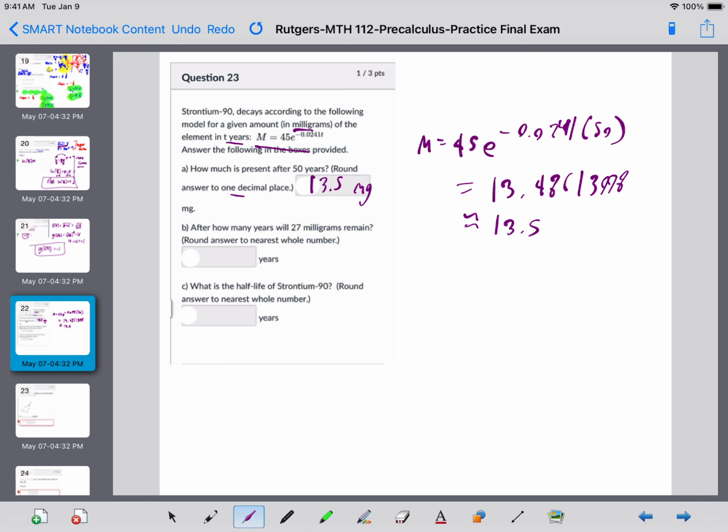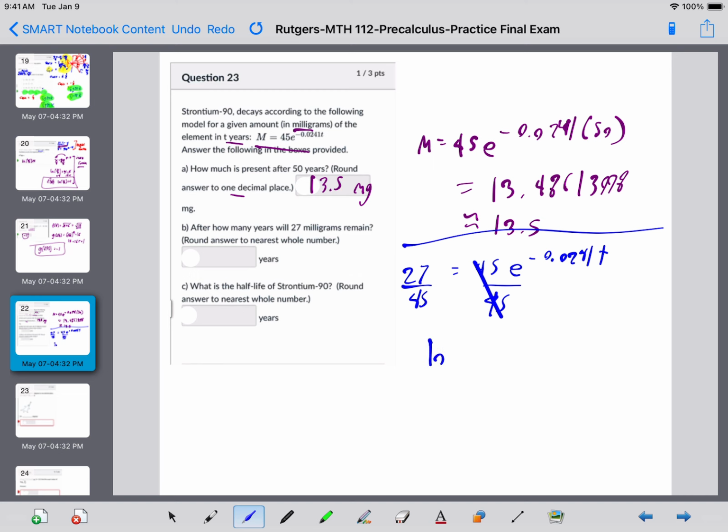After how many years will 27 milligrams remain? So we want to know when now, rather than the amount. So we have the amount of milligrams. Isolate your base. Take the log.